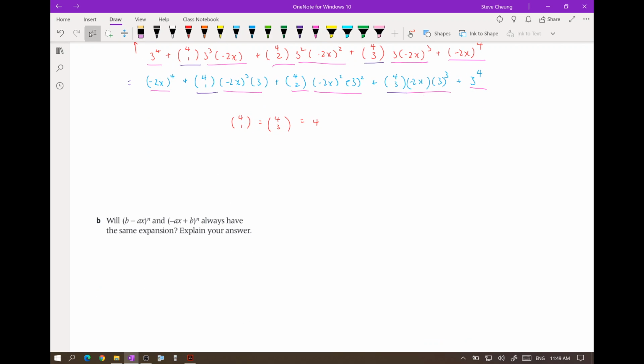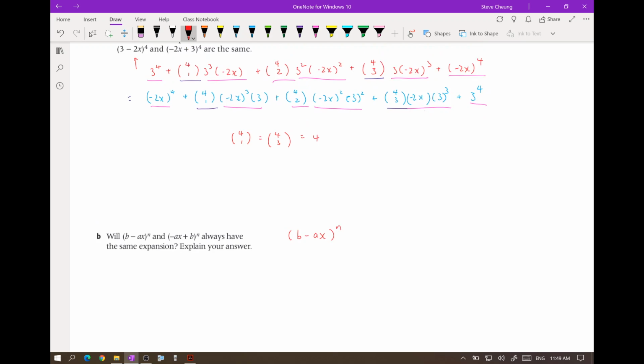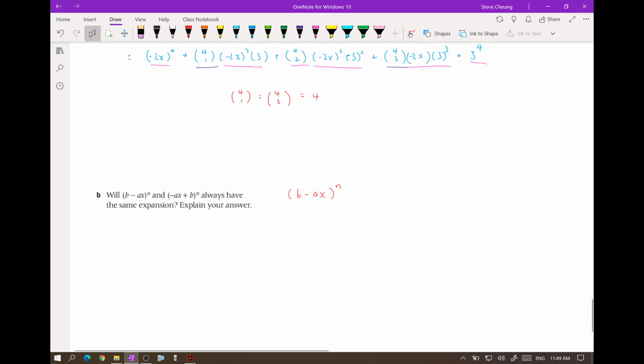So part B asks, would this always be the same? Well, actually, with a simple proof, yes, from what we have seen before, because of symmetry. But algebraically, what we can do is as follows. Actually, there is an exception. This only works if it is an even power.